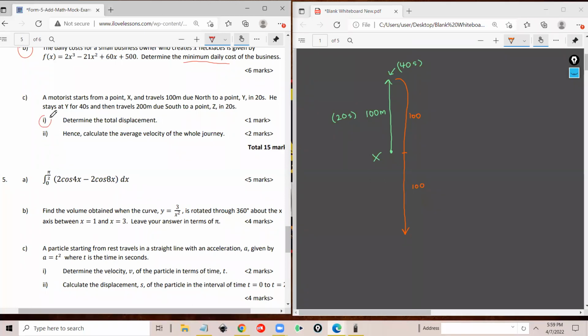The answer for part 1, determine the total displacement, is on the board there. It's just trying to figure out if you know the difference between distance and displacement.